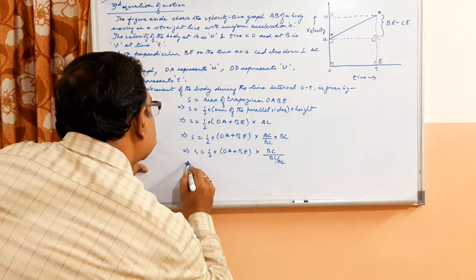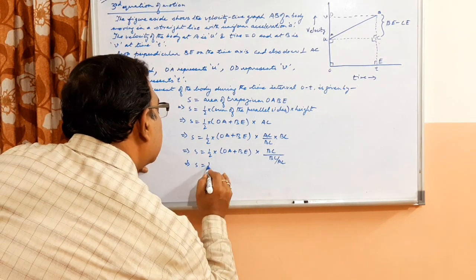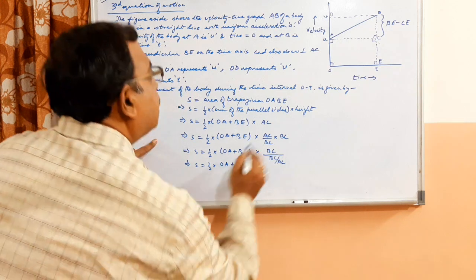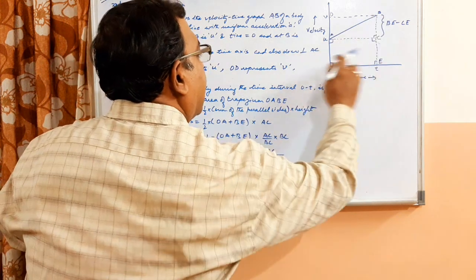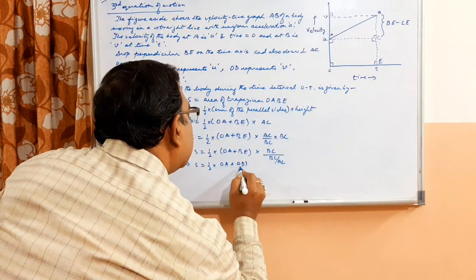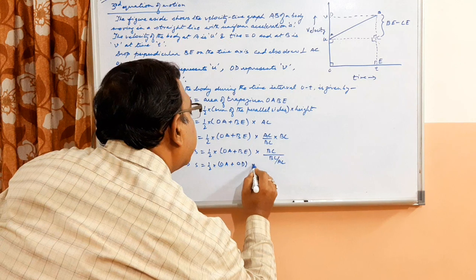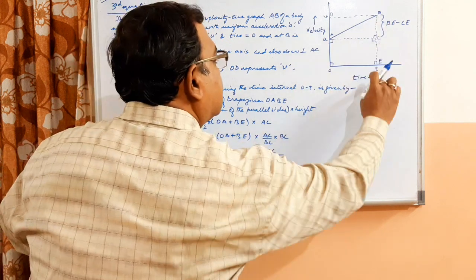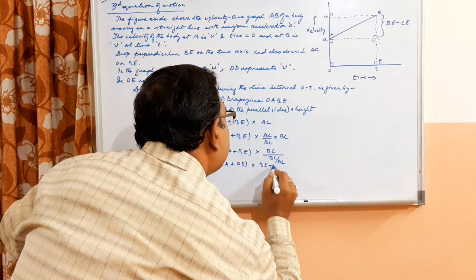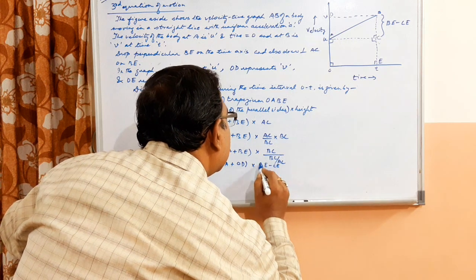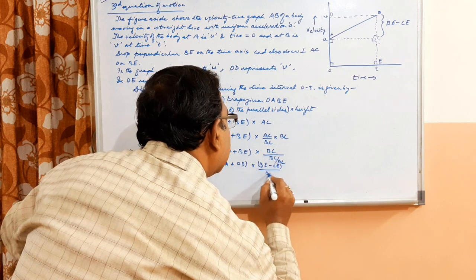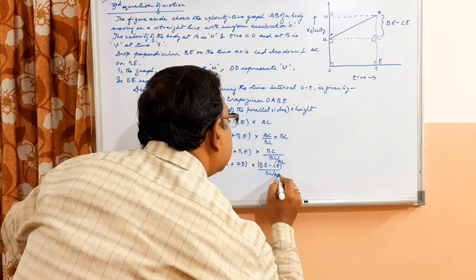So this implies S is equal to half of OA plus, now in place of BE, I can write OD. So OA plus OD into, now this BC is BE minus CE, divided by BC by AC.